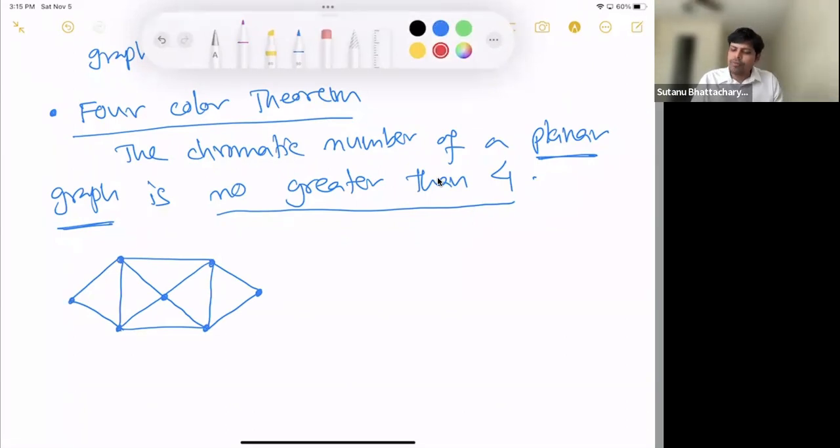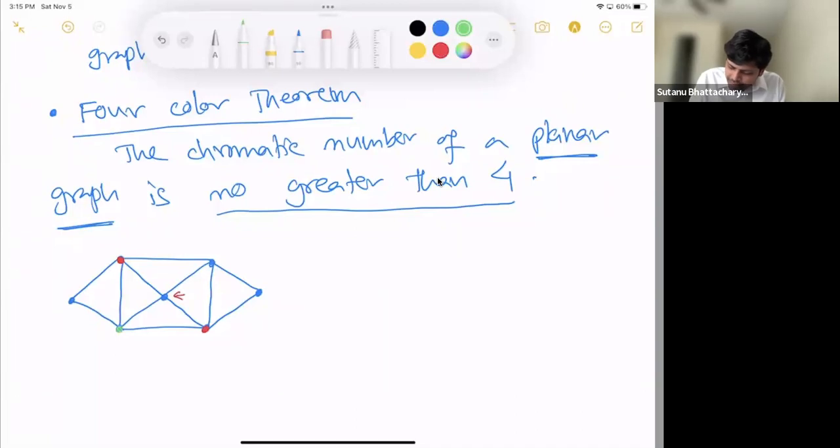When you color one vertex, you need to make sure that no two adjacent vertices have the same color. So let's make it red. If I make it red, then I cannot make the adjacent nodes red. There is another vertex here that is not adjacent, so we can make it red.